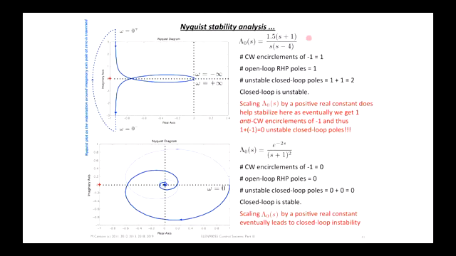Consider this example here. We have a pole at 0, a pole at 4, okay, all right, we have a 0 at s equals minus 1, right? So P is going to be equal to 1, right, because we have one open loop pole in the right half plane.